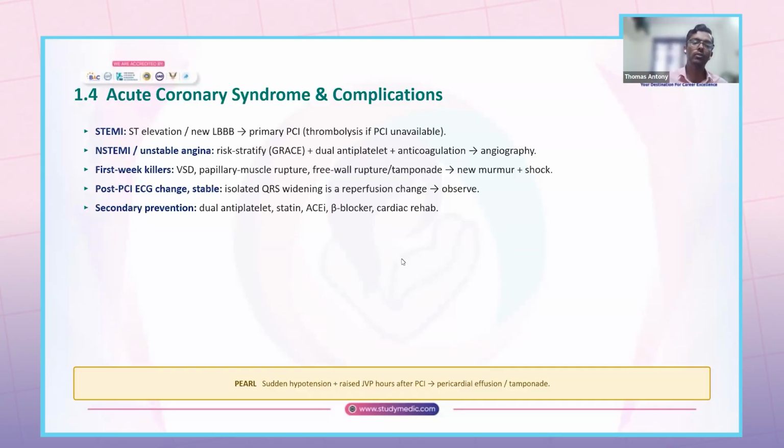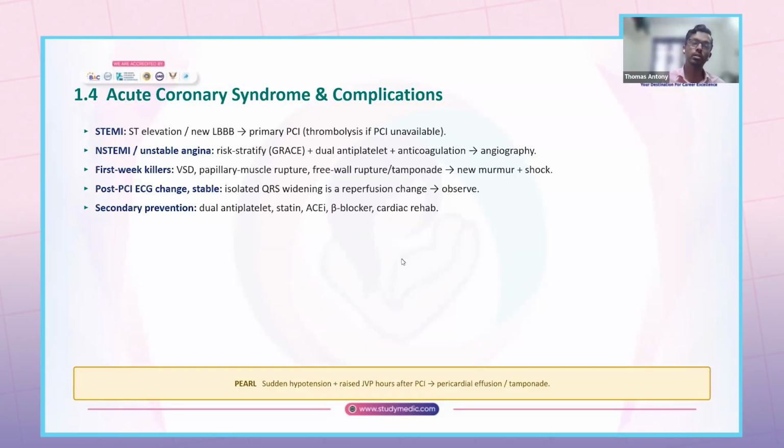So what are the first week killers? That means we are going to discuss the complications of acute coronary syndrome. Initially, in the first week, we expect a timeline of events. We have VSD, ventricular septal defect, papillary muscle rupture, free wall rupture, or tamponade.